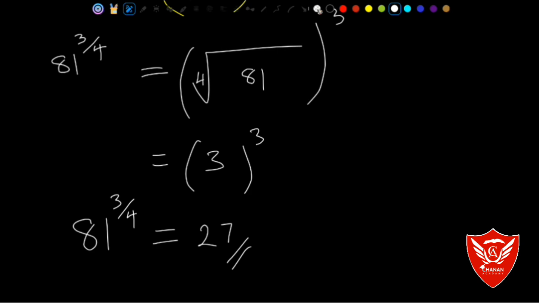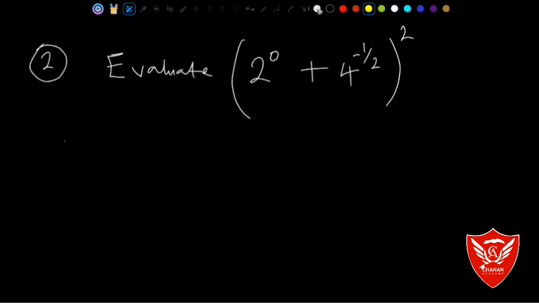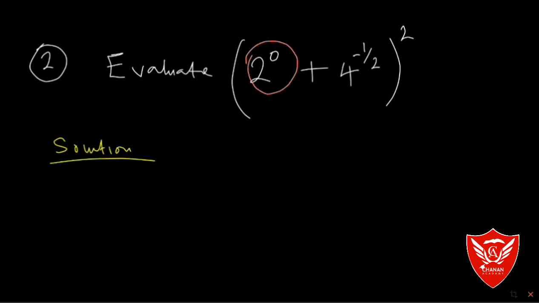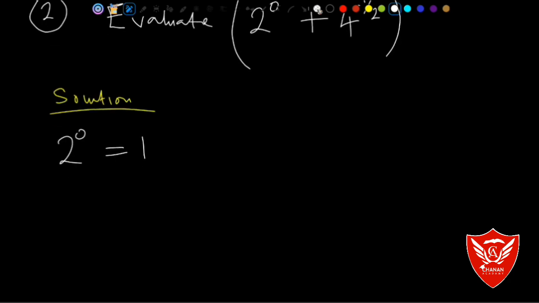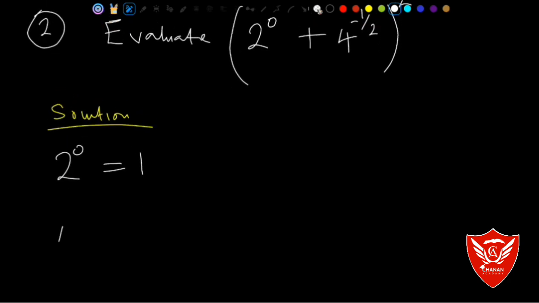So the value for 81 raised to the power of 3 over 4 is 27. Alright, so let's go to the next example. So we're asked to evaluate this expression. So solution. The first thing we need to take note of is this 2 raised to the power of 0. And from indices, anything raised to the power of 0 is 1. So we say 2 raised to the power of 0 is 1. And then also from indices, 4 raised to the power of negative 1 over 2 is going to be equal to 1 over 4 to the power of 1 over 2.